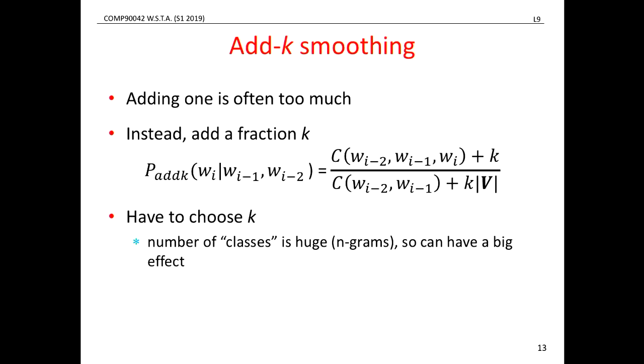So often we might add a fraction k, and we can tune this by hand. We might use a tiny value like, I know, 10 to the minus 5. There are various other options. 0.5 is another option that's quite widely used. So we have to be careful because this has a big effect.